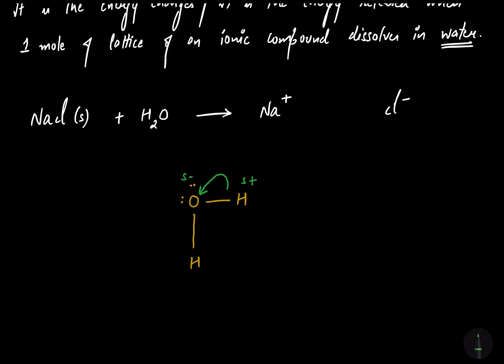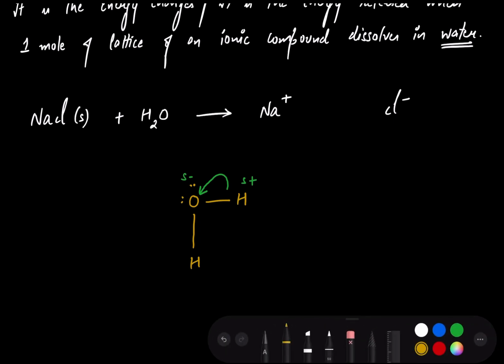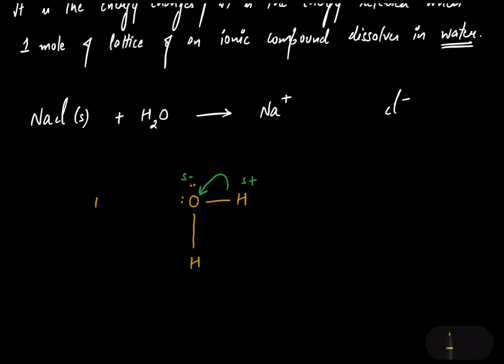This is called the charge separation, or we call it polarity, or dipole, which we are going to discuss in much more detail in the next lectures. So here we got a charge separation. We got a delta negative charge on oxygen and a delta positive charge on hydrogen. Now what is going to happen next?